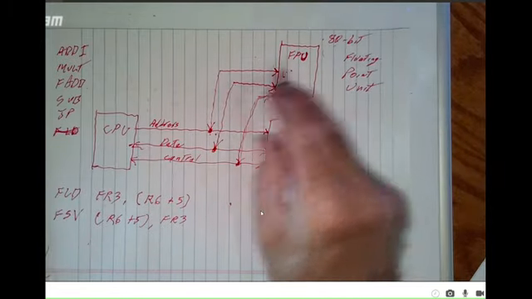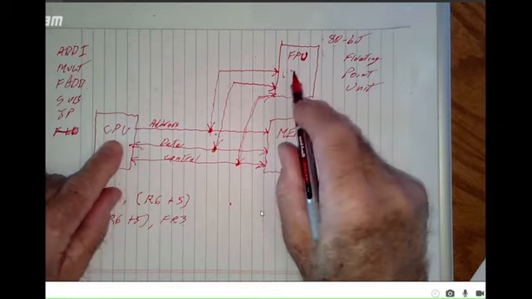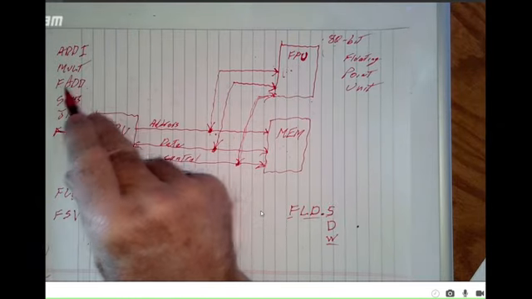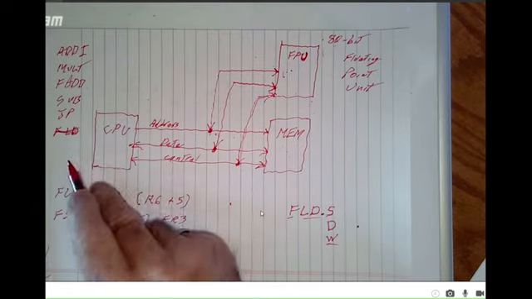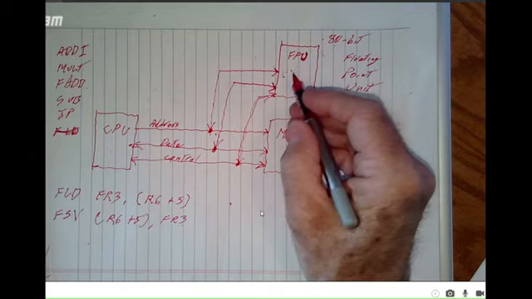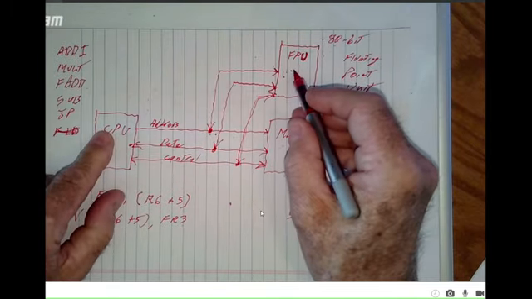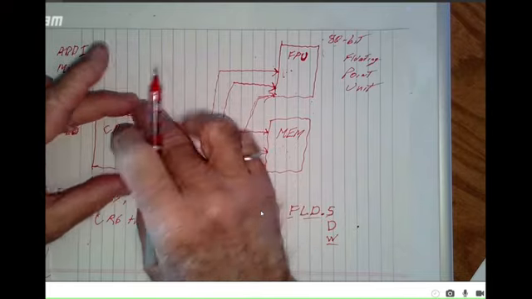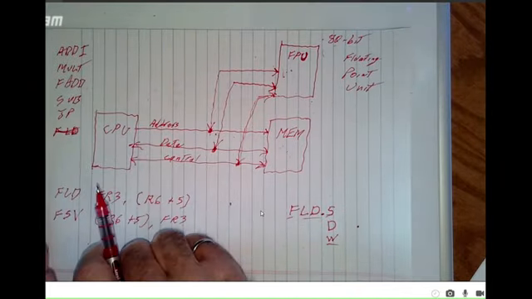Because there's such a close cooperation here, and because the floating point instructions are embedded in the instruction stream for the CPU, these two units are conceptually glued together as a single CPU that has both integer and floating point capability.